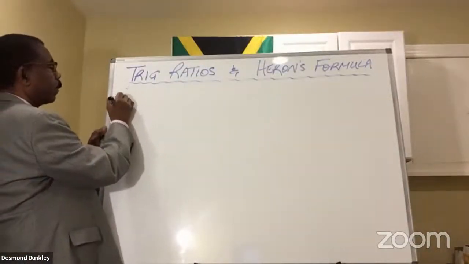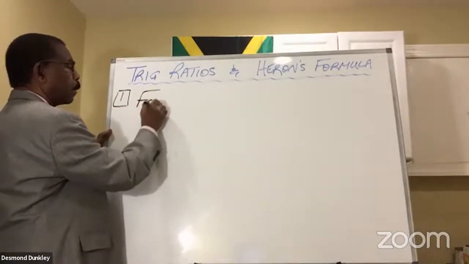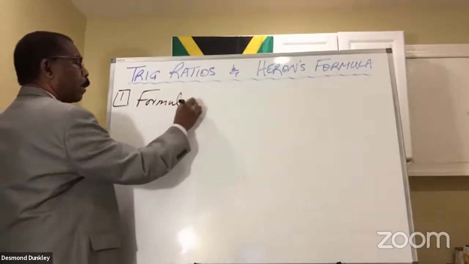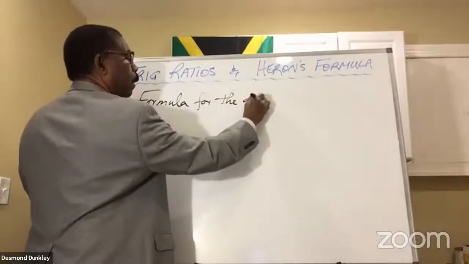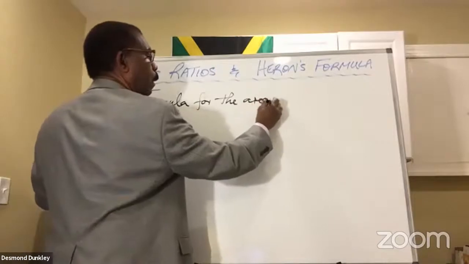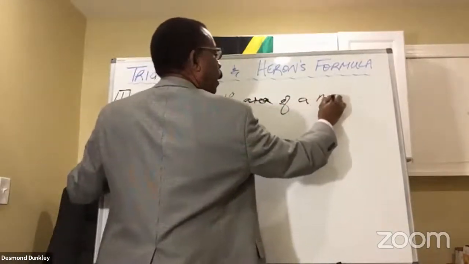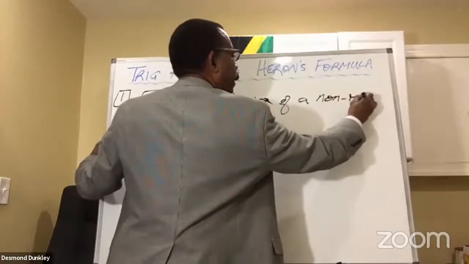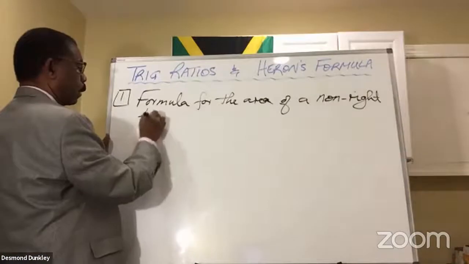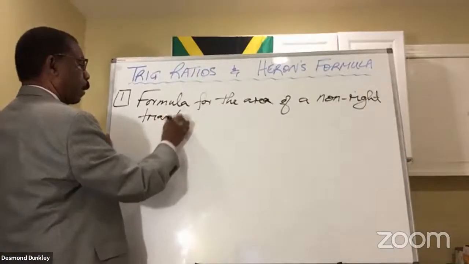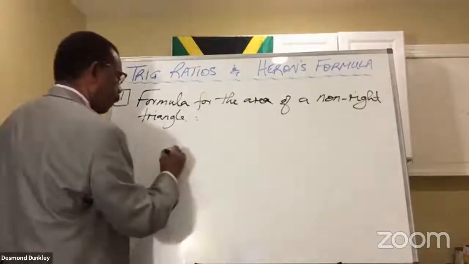So this is our first formula for the area of a non-right triangle. It's not a right triangle, and we're looking for a formula.